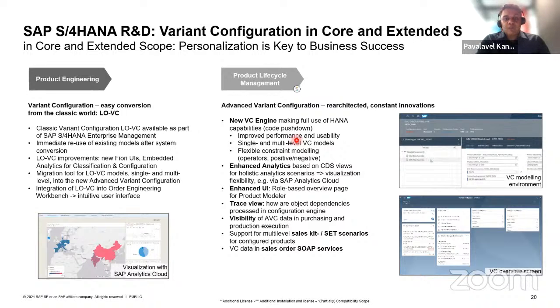You have flexible constraint modeling, and you have enhanced analytical capabilities based on CDS views and visualization flexibility using the SAP Analytics Cloud. So we have an enhanced UI. So you have role-based overview pages for the product modeler. You have a trace overview, and you have visibility based on your data in purchasing and production execution.